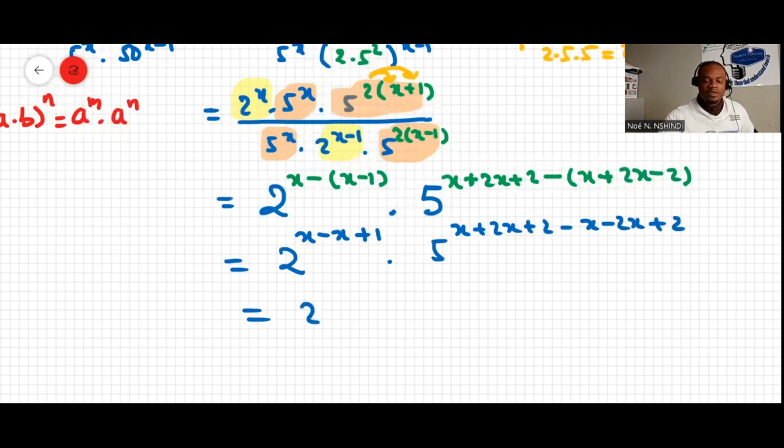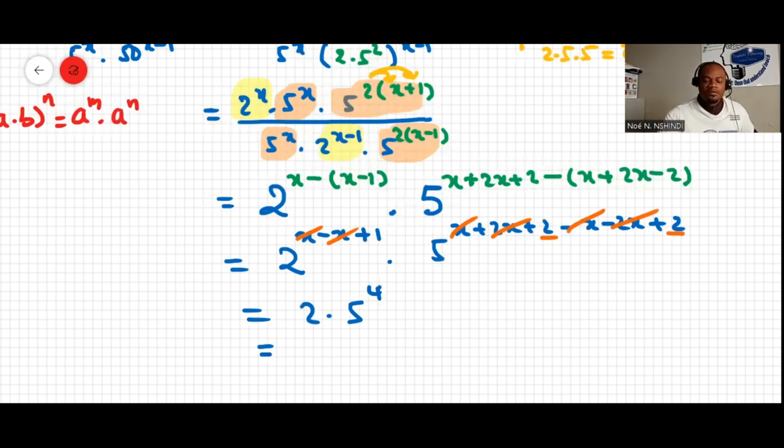That makes x and x here 4, so just 2 to the power of 1, which is 2. Okay, multiply by 5. Okay, and then let's simplify. There also we have x and negative x, simplify, 2x and negative 2x simplified, and then positive 2 plus 2 makes 4. That makes 2 times 5 to the power of 4.